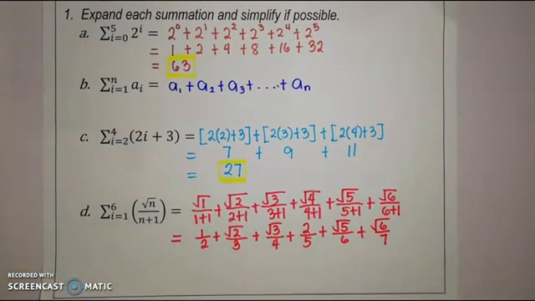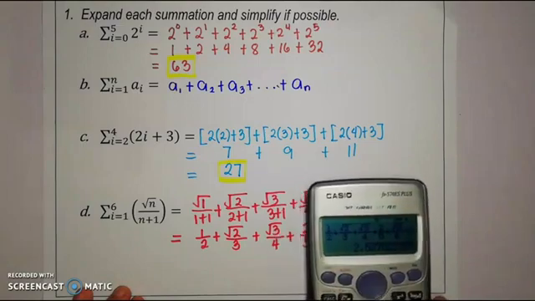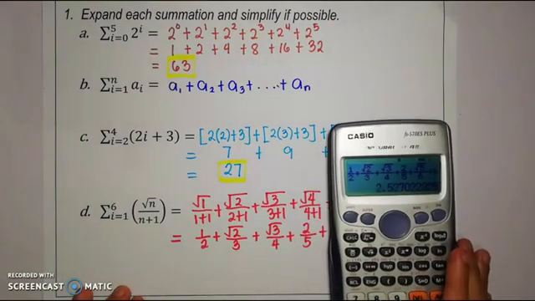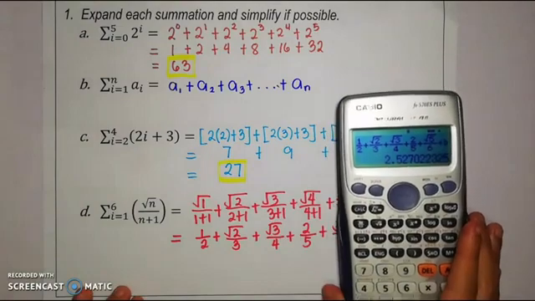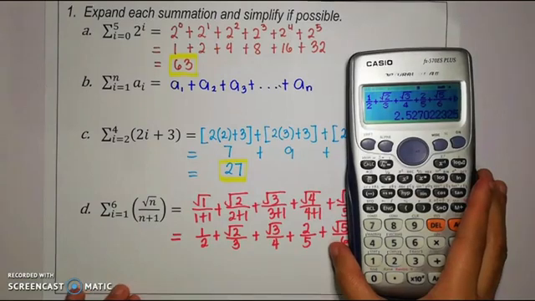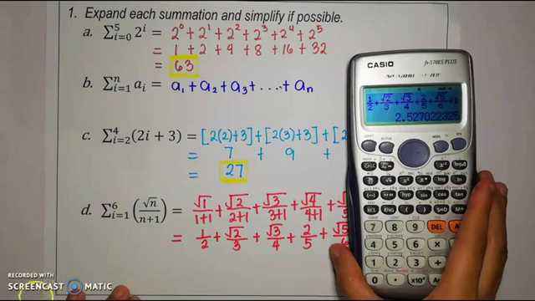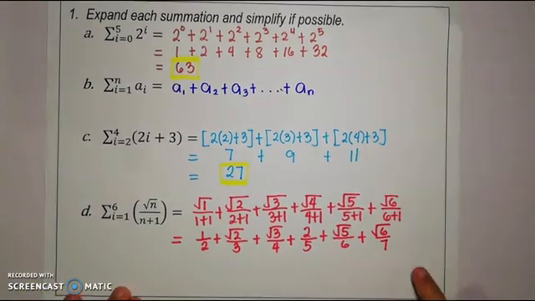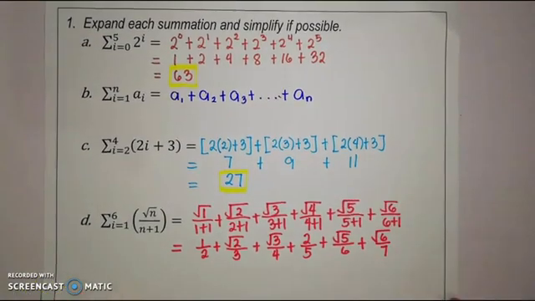After adding in a scientific calculator, we get the sum of approximately 2.53. Since our sum is not exact, we will let our answer be this.